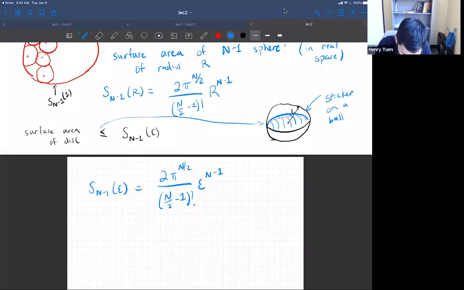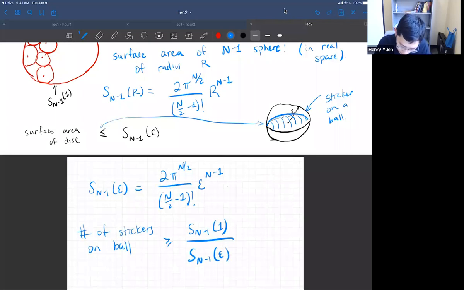And if we count the number of stickers on the ball, it's going to be at least S_(N-1) of the big ball divided by S_(N-1) of each of these smaller things.